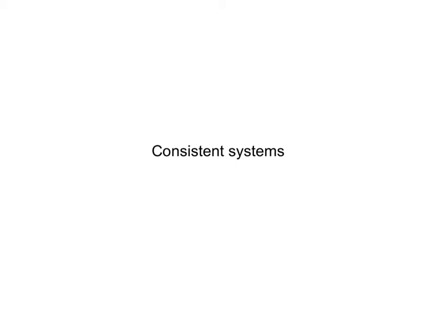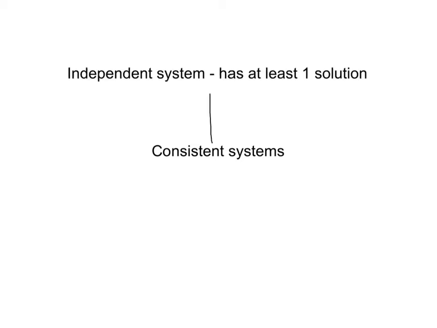There are two types of systems. The first type that we're going to look at is a consistent system. All consistent systems have at least one solution. Inside of a consistent system is an independent system, and an independent system specifically has one solution.